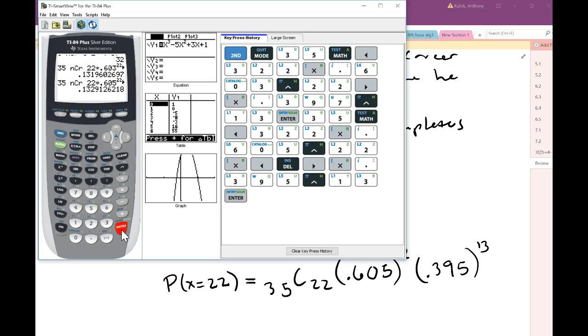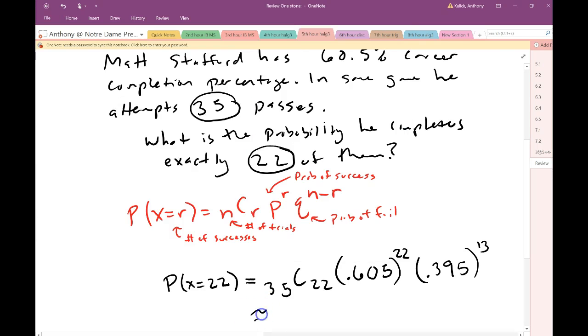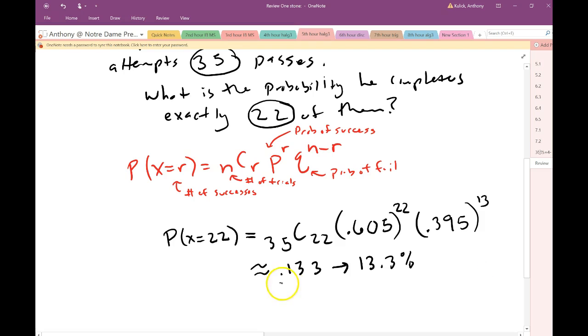Enter. And I get about 13.3%. The decimal is fine.